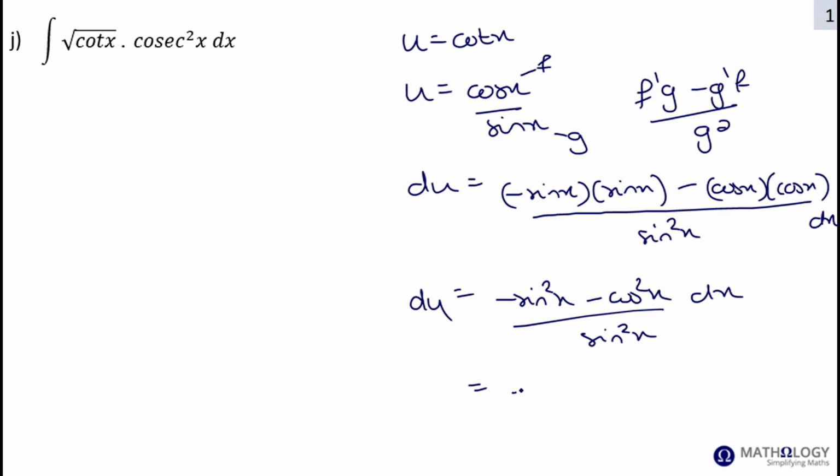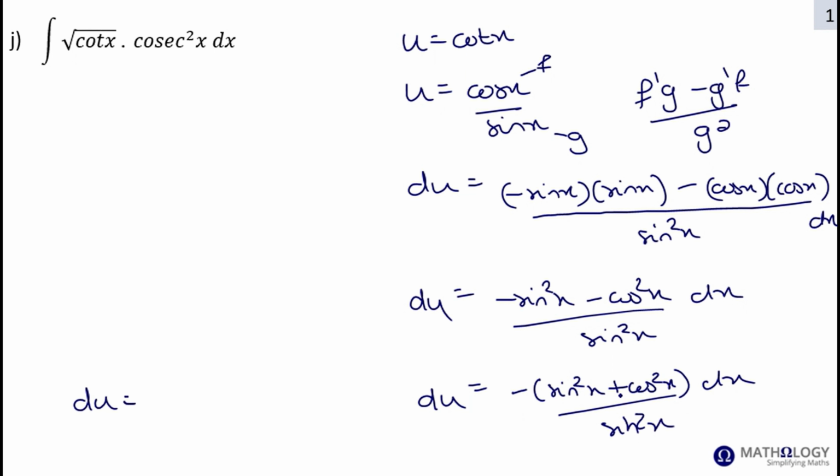We can take out a minus now, and we're left with minus times sine squared plus cos squared over sine squared x, and then du equals, sine squared plus cos squared is 1, so we have minus 1 over sine squared x dx. It's a bit messy. And du equals, 1 over sine is cosec, so we have minus cosec squared x dx.